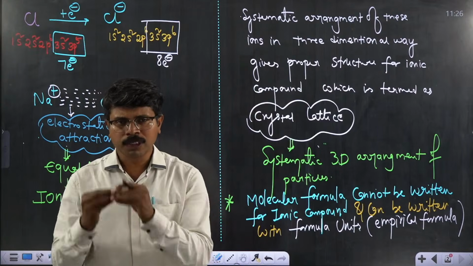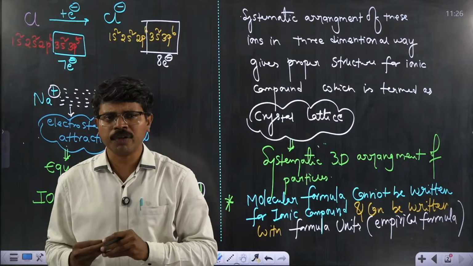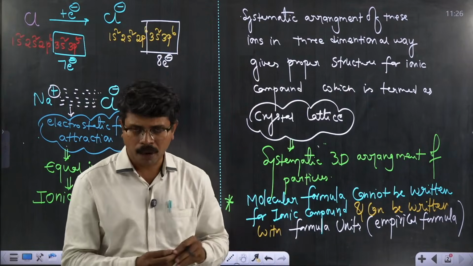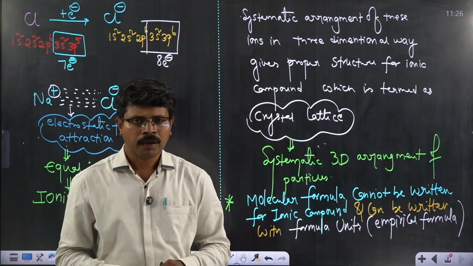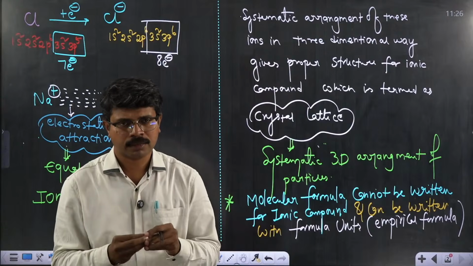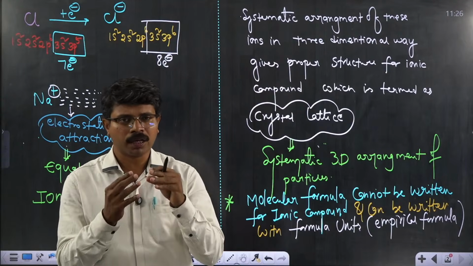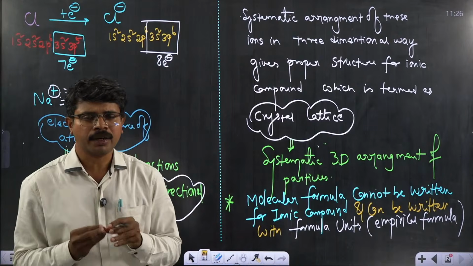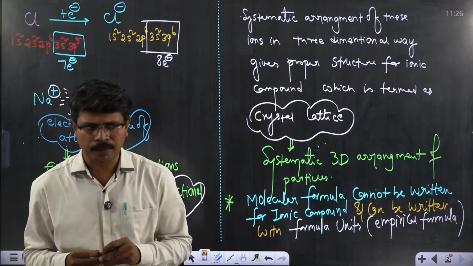For ionic compounds, the smallest unit is referred to as formula unit. For covalently bonded compounds, the smallest unit is referred to as molecule. Therefore, ionic compounds cannot be referred to with molecular mass, or we can't write the molecular formula for ionic compounds.